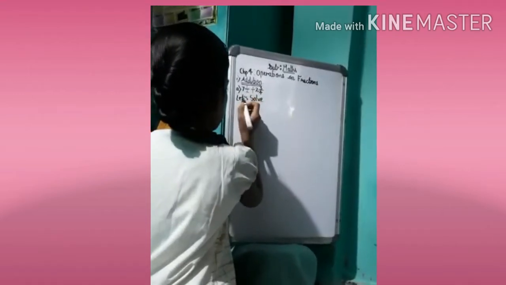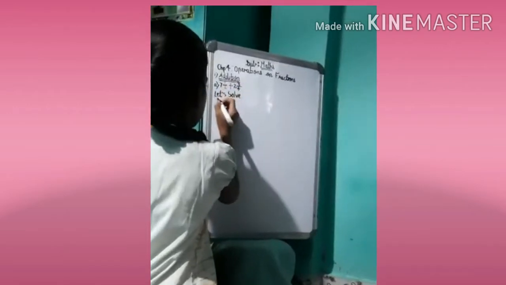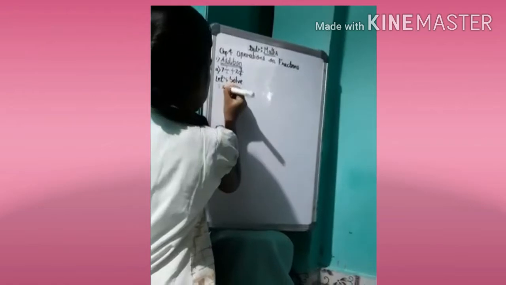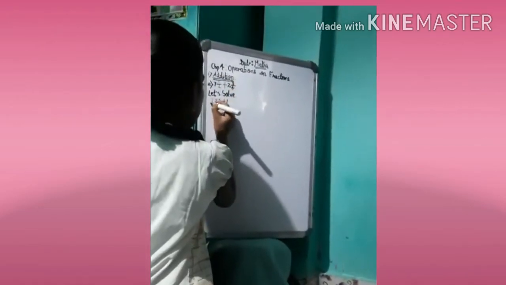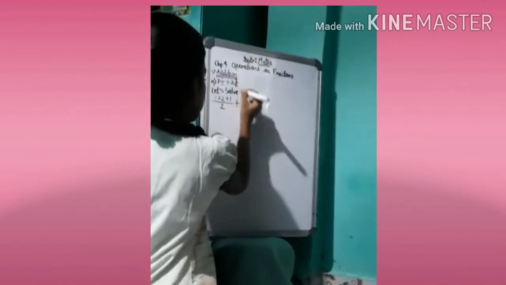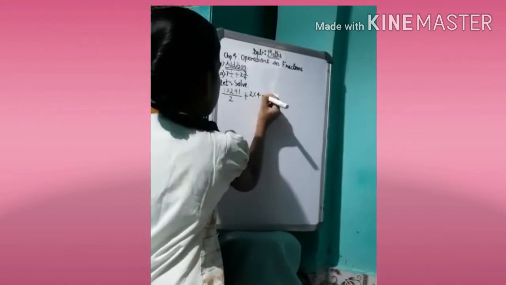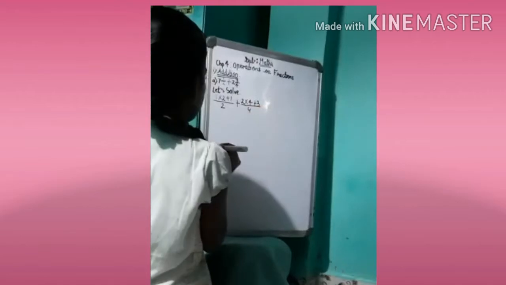First step is to multiply. 7 multiplied by 2 plus 1 upon 2, plus 2 multiplied by 4 plus 3 upon 4.